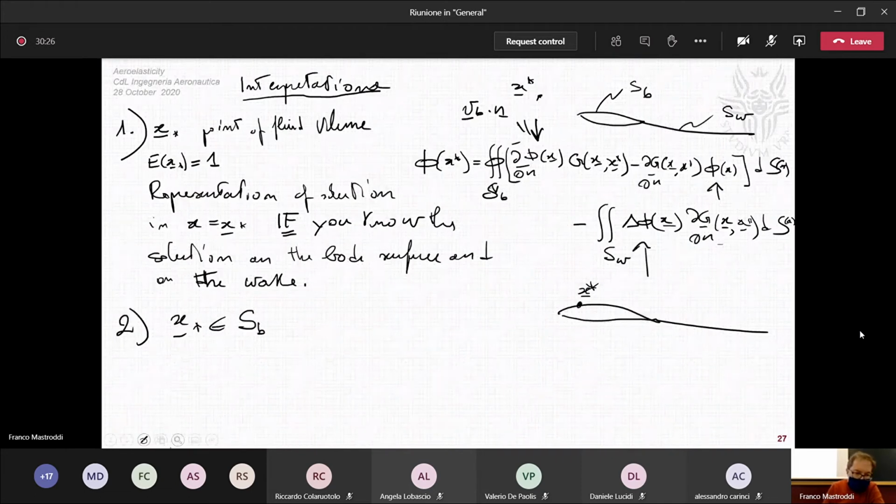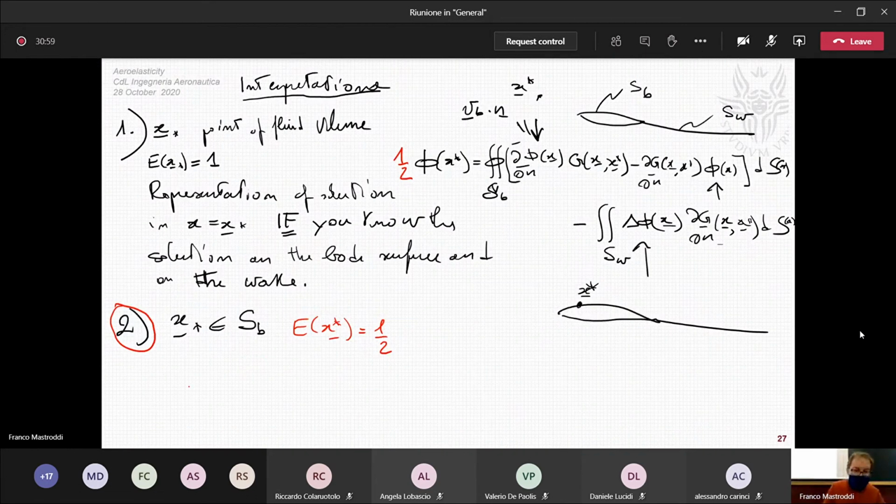What happens is the following. In this case, you have just 1/2 here, because the domain function becomes equal to 1/2. But in this case, this equation is something like a compatibility equation to be satisfied by all the points on the body surface for having this flow.